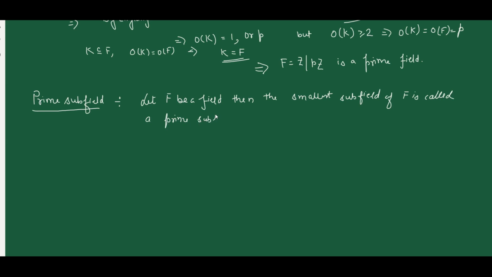The message is very clear that every field has a prime subfield. So how can you find it? What is the intuition here? What is the smallest? It means you have to go for intersection. So next we give the construction of the prime subfield.